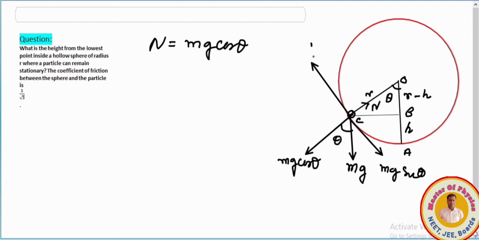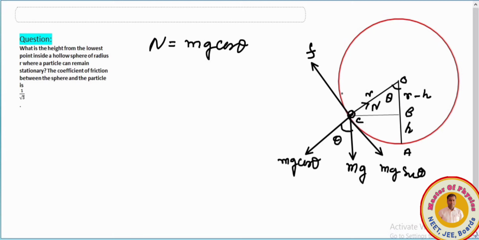This is the force of friction. When the particle has a tendency to slide downward along the curved surface at the point C, the friction force acts just opposite to the component mg sin theta.